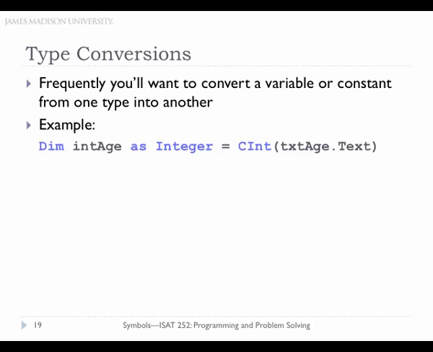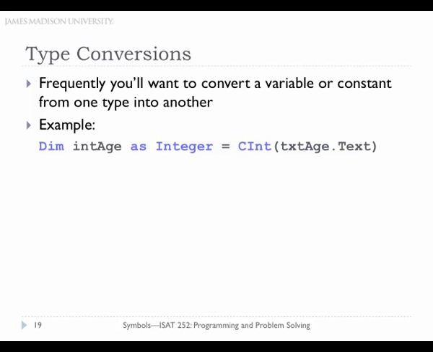So you can see that on the right hand side of the equal sign here we have txtAge.Text, and we're using the value in that text box to assign a value to the intAge variable. Now intAge is an integer, txtAge.Text is a string. How do you convert a string into an integer so the computer doesn't get confused?